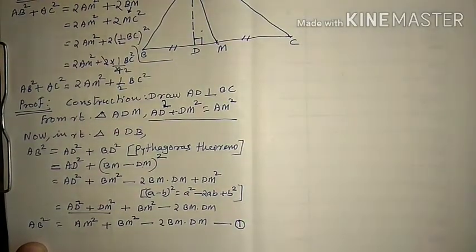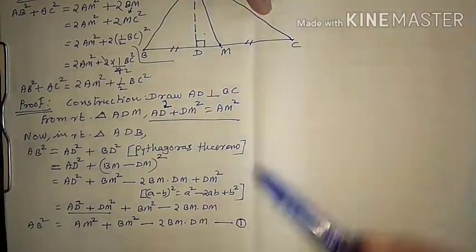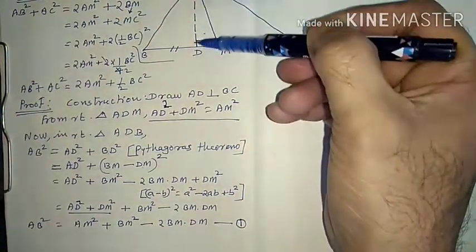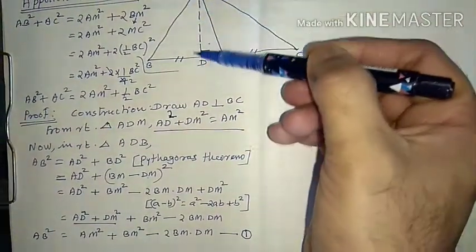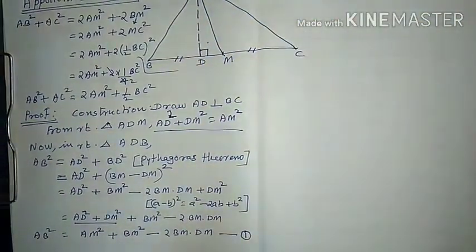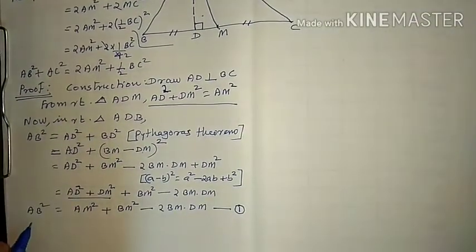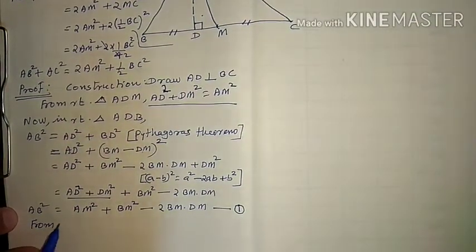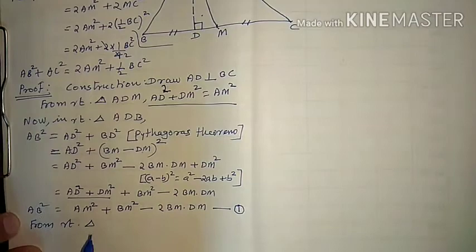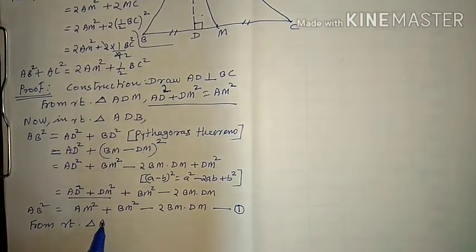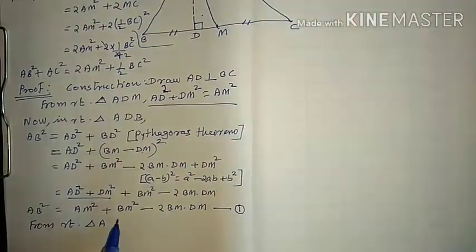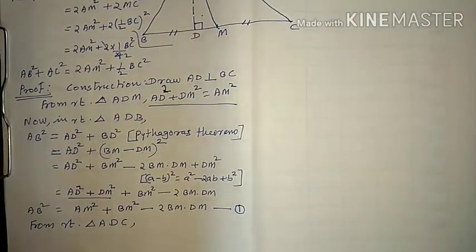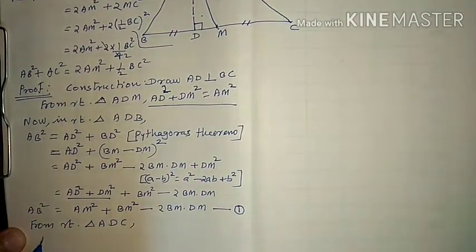Now we want AC square. This AC square we want. That is from this rectangle to triangle ADC. From right triangle ADC we use Pythagoras theorem. So from right triangle ADC, Pythagoras theorem only we use.